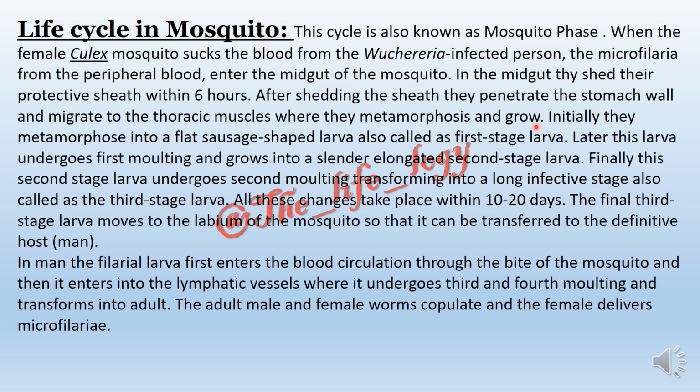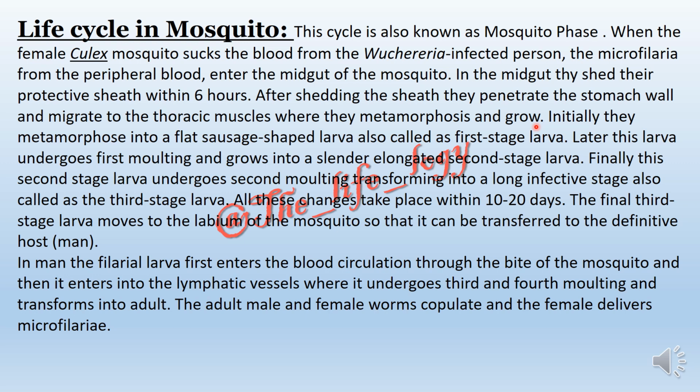So in the human phase there is no further development after the microfilaria is formed, but in the mosquito most of the development of the worm occurs, and they metamorphose and grow.